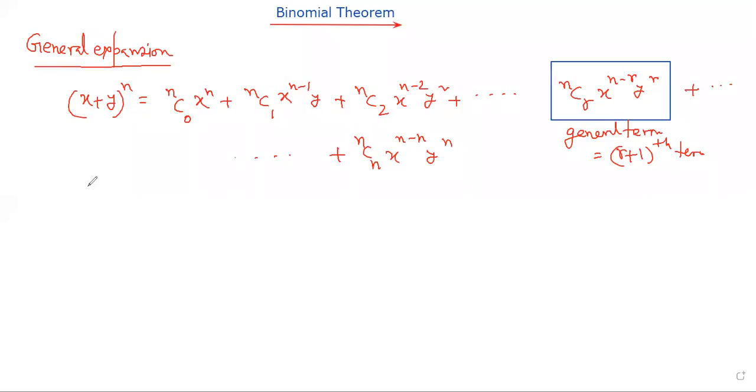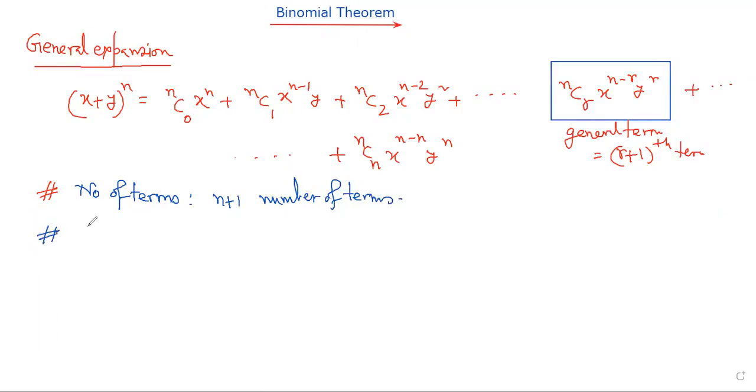So what are the different things we can find from here? Point number 1, we can find the number of terms. Whenever (x plus y) to the power n is written, we can find n plus 1 number of terms.